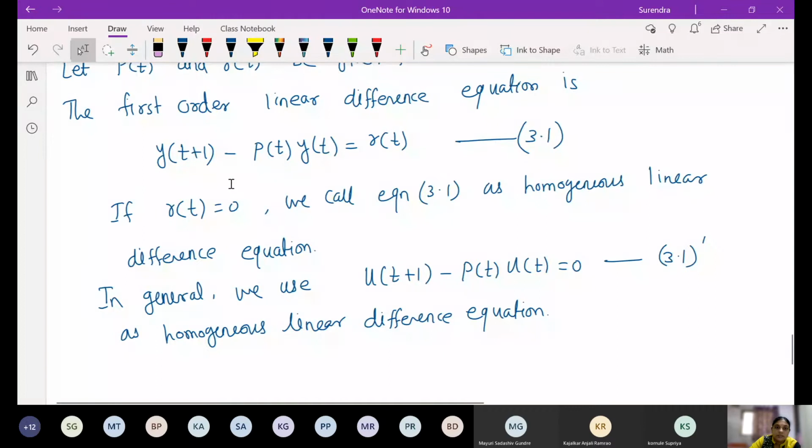That will be my non-homogeneous linear difference equation. To solve the non-homogeneous equation, we will require a solution of the homogeneous one. So first we will find a solution of the homogeneous equation in terms of u(t), and then we will solve the non-homogeneous equation 3.1. Is that okay?